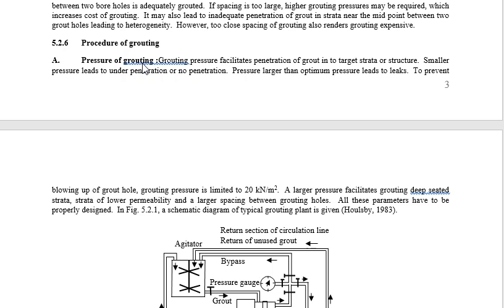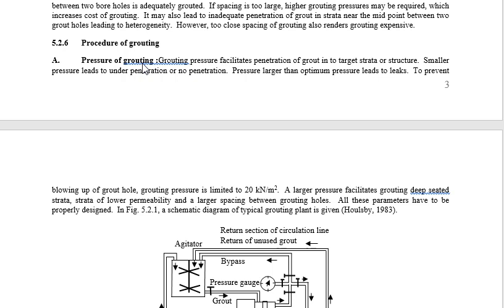So then we go for low pressure. If you go for low pressure, the grout will not reach the destination. If you go for high pressure, leakage or fracture takes place. If you go for low pressure, the grout will not reach the destination.